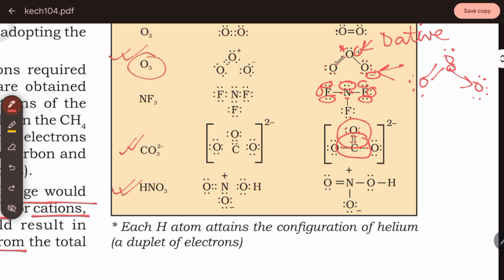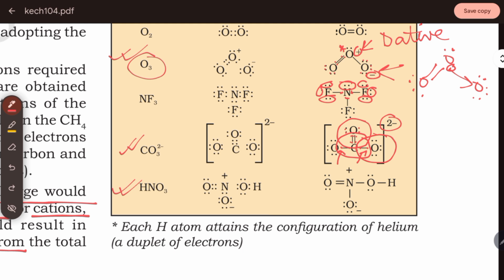Likewise, I'll say this oxygen again 6, 7, 8, like this it is getting octet. Now this oxygen gets this electron because of the negative charge and this electron also because of the negative charge. 2 negative means 2 electrons extra.